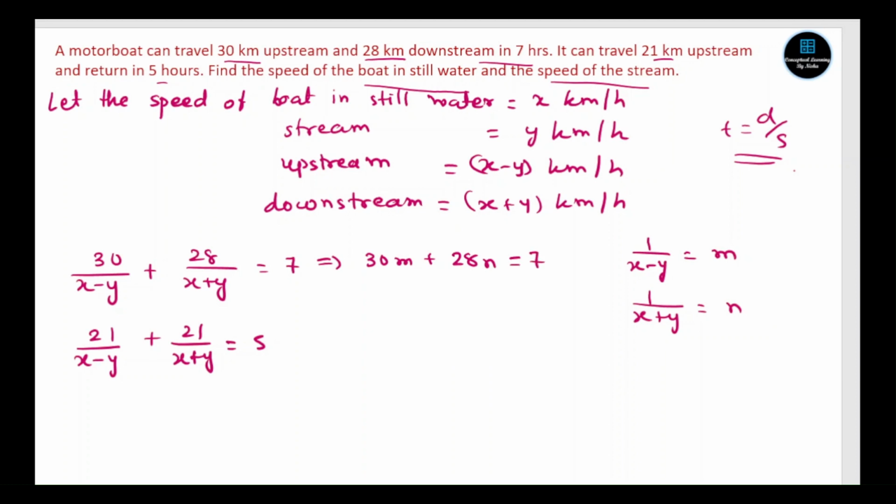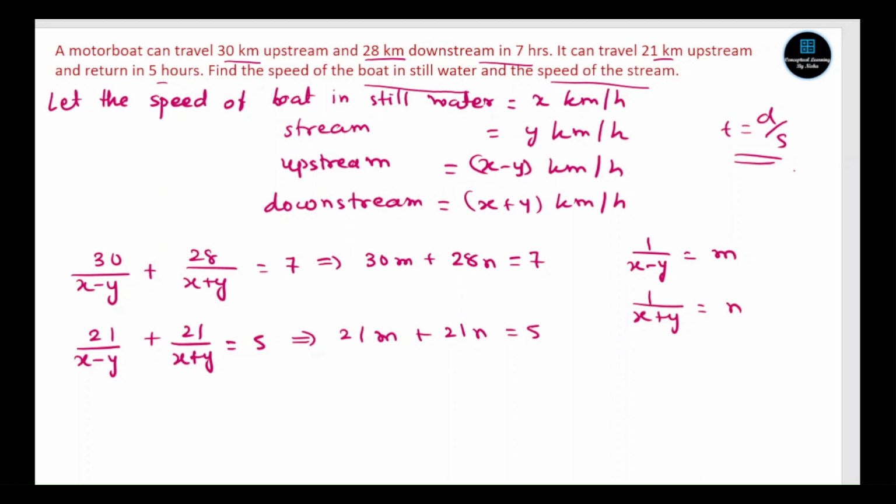See, this is very simple now. And we know how to solve this. Here this becomes 21m plus 21n equals 5. Now these are simple equations which we can solve easily, right? So I can apply any of the methods to solve them.